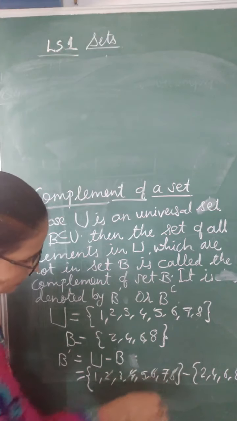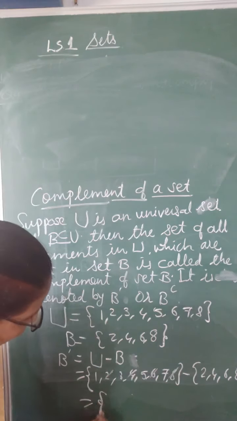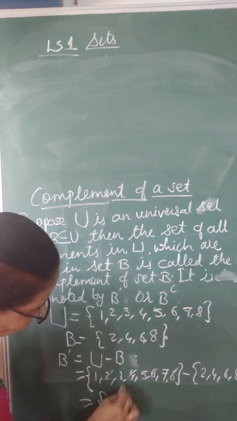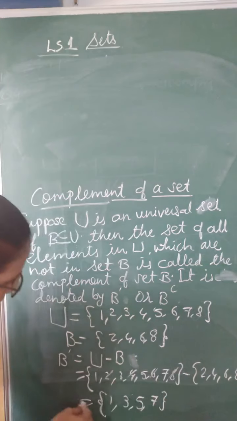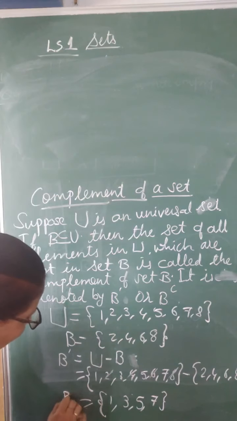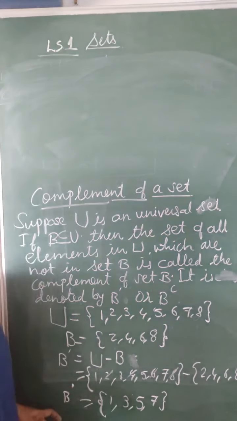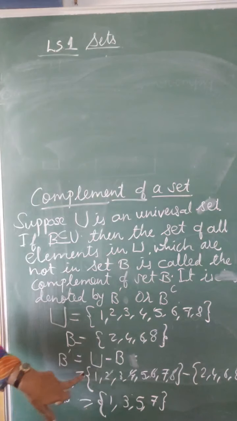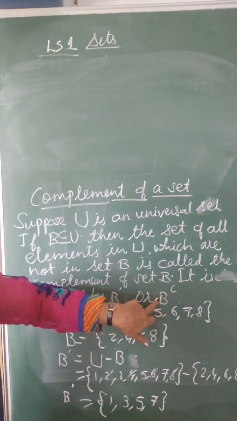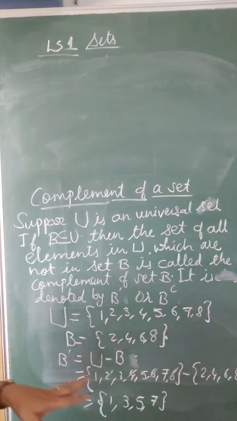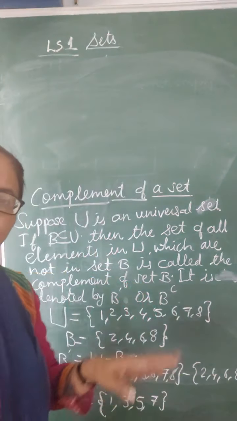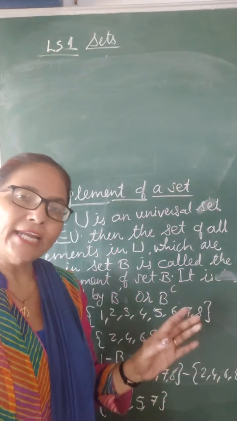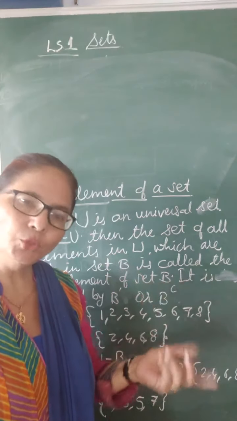So which elements are left now? 1, 3, 5 and 7. These 1, 3, 5, 7 are the elements of B dash, or you can say complement of B. So it is very easy to find the complement of a set. You have to subtract the elements of the given set from the universal set.